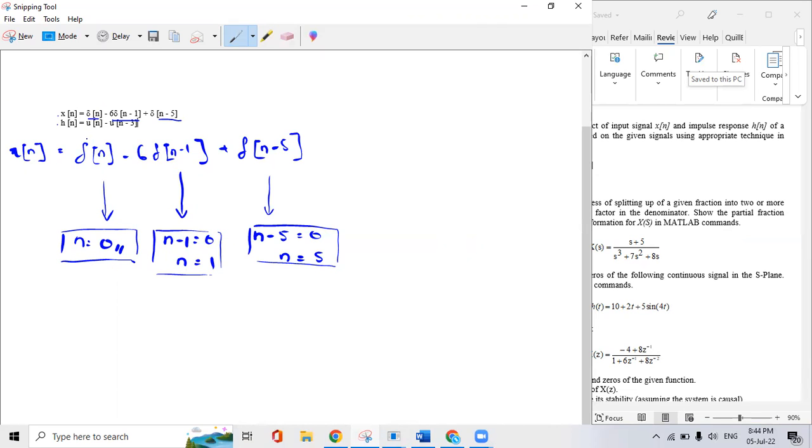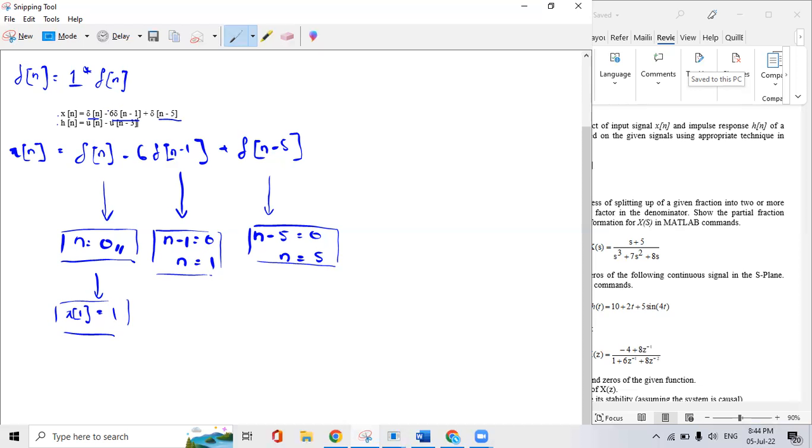So what is the magnitude? We can look back at the equation. For n equal to 0, it is something similar to 1 multiplied by delta n, so it has a magnitude of 1. Then we look at n equal to 1.